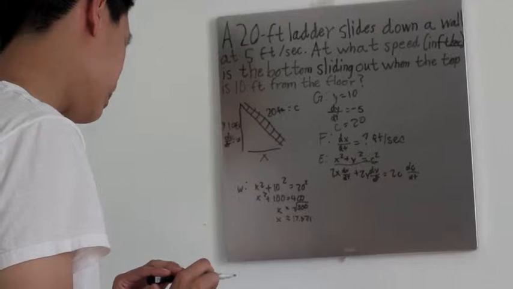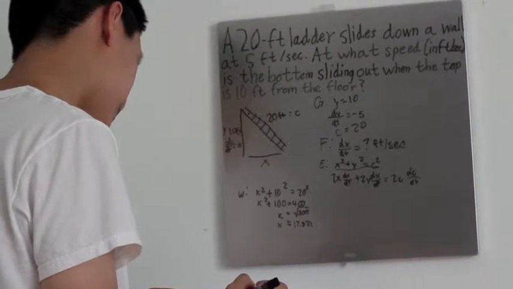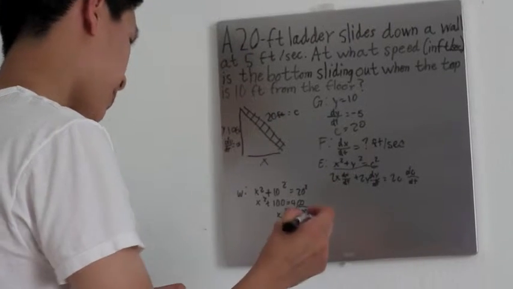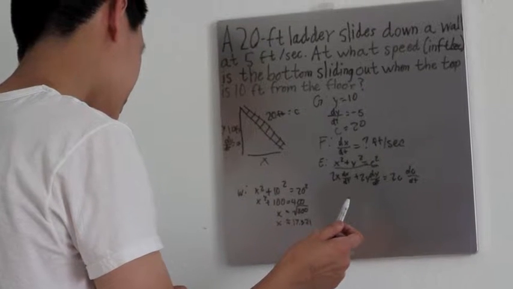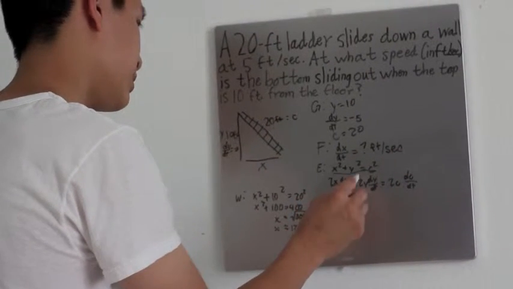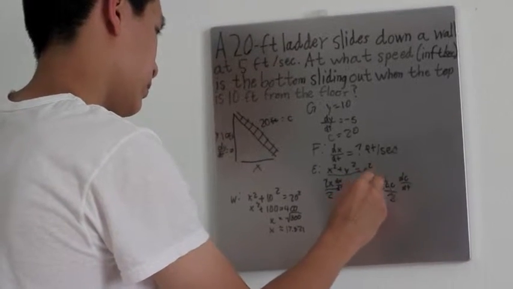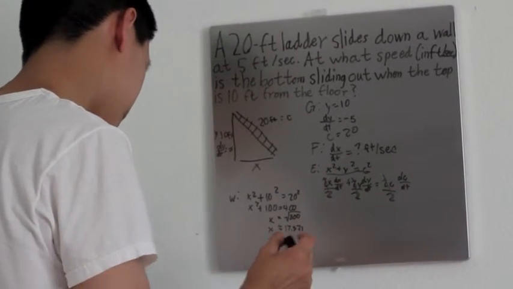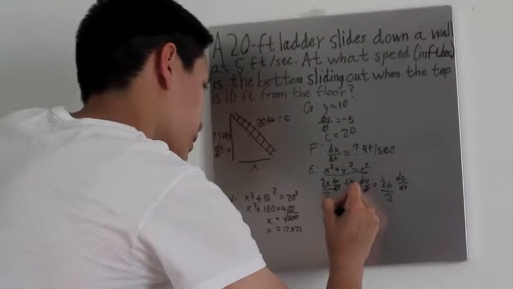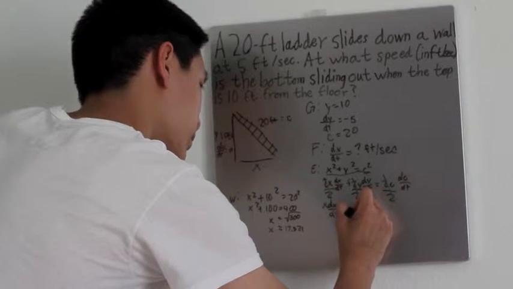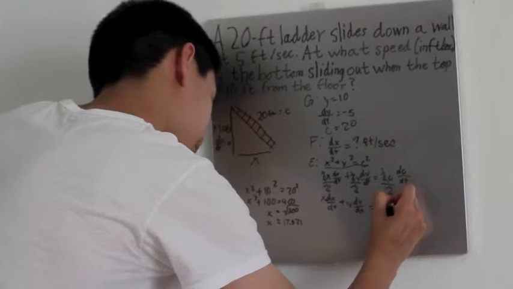And now we plug in our variables into the next equation. And to simplify this equation, we can first divide everything by 2. That way you get rid of all the 2's. So x dx dt plus y dy dt equals c dc dt.